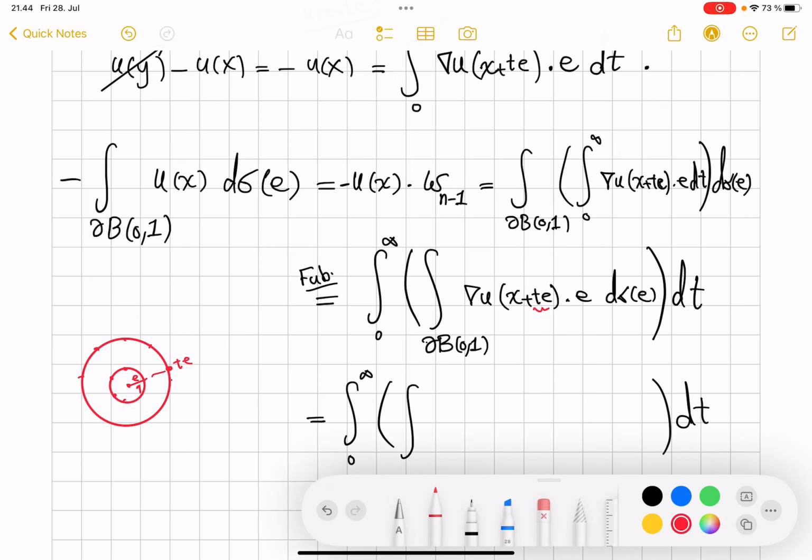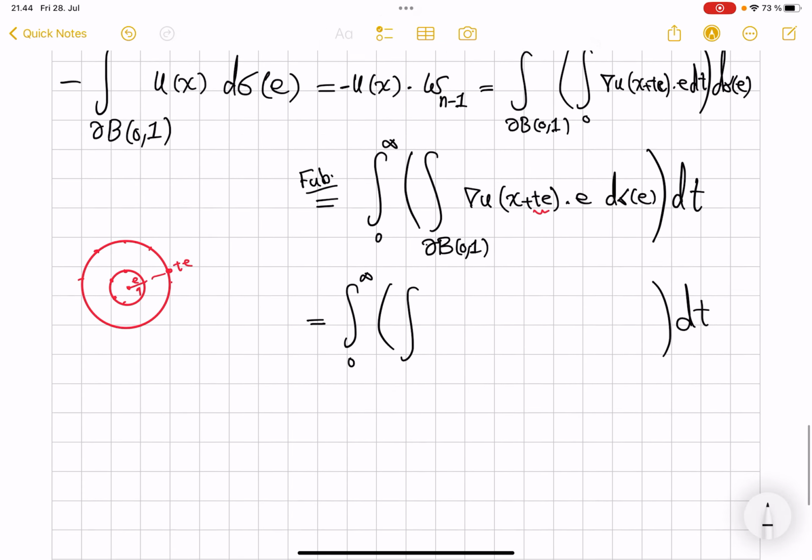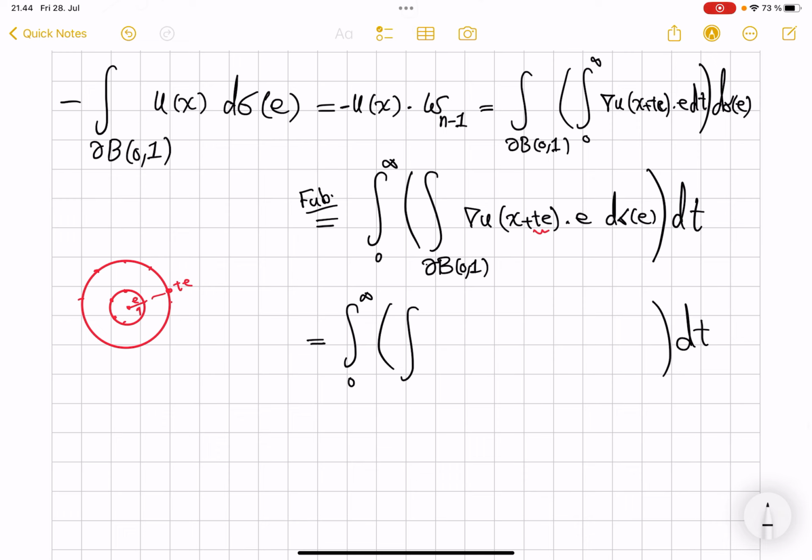The only reason I'm going to do the next change is that it makes the calculations work. Instead of doing this integral on the unit ball, I can shift the integration. I can pull back the values, the same quantities, one for one, and integrate over the larger ball. So I do integration over the ball of radius t of the same values.